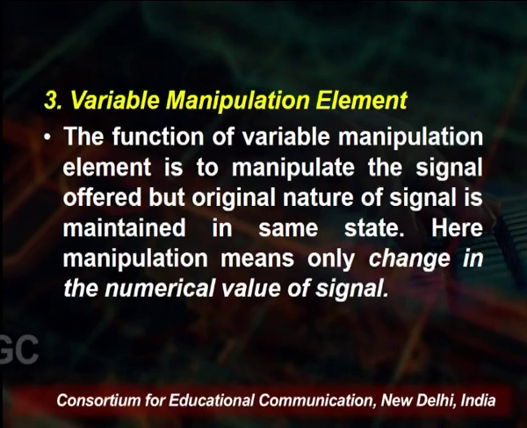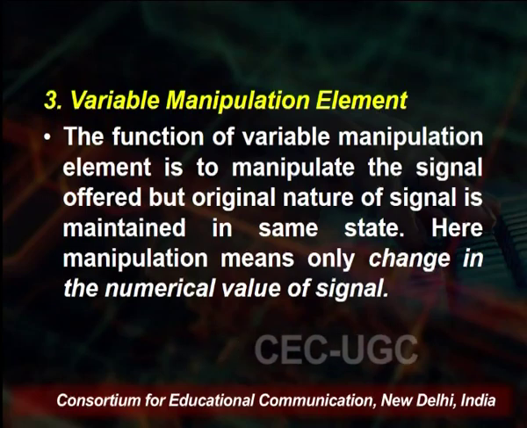Its function is to manipulate the signal offered, but the original nature of the signal is maintained in the same state. Hence manipulation means only a change in the numeric value of the signal. In the variable manipulation element, we have only a change in the numeric value of the signal, but the original nature of the signal is maintained.